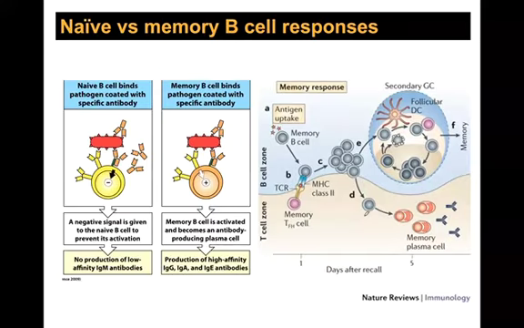Okay, so then we talk about the recall responses. A naive B cell recognizes an antigen, right? And then it's going to get signals that it has to go look for T cell help, come back and form a germinal center. But that takes a while.